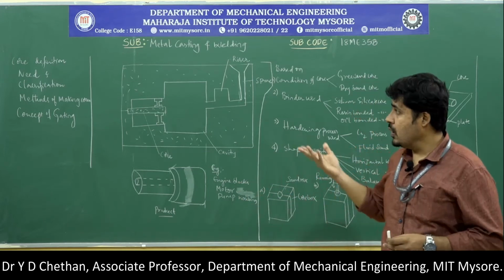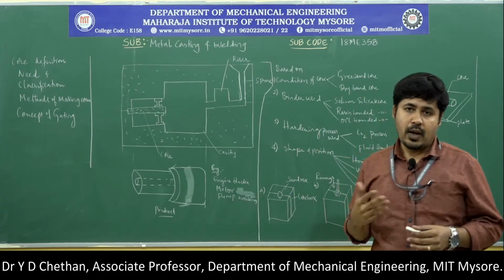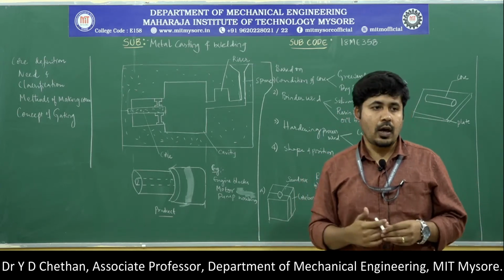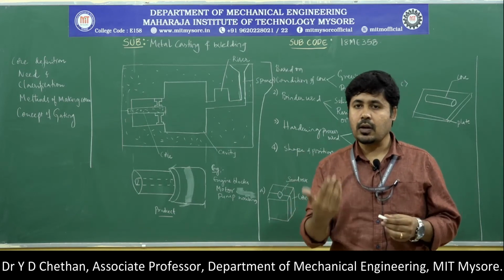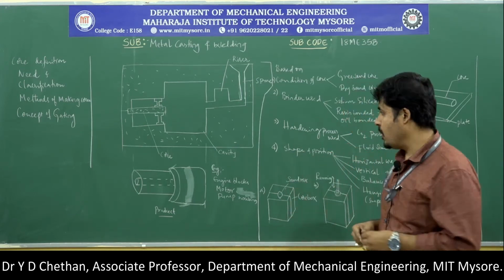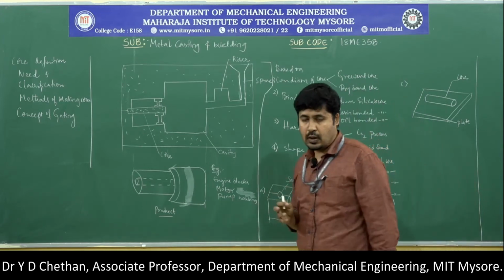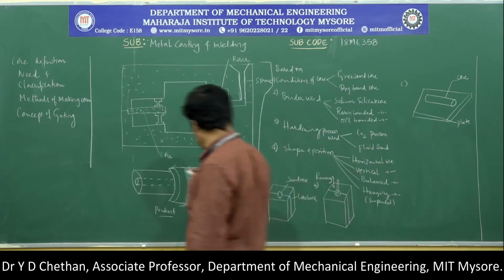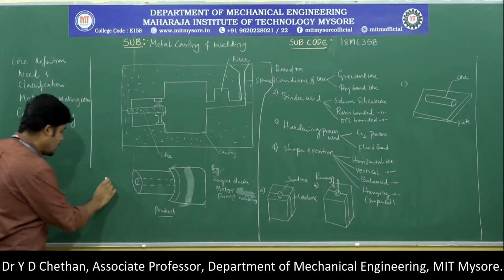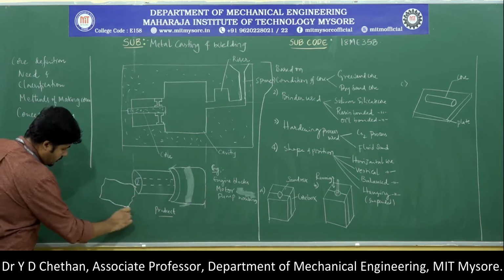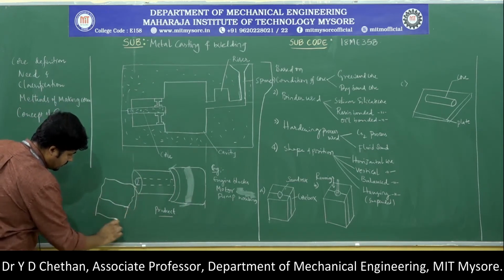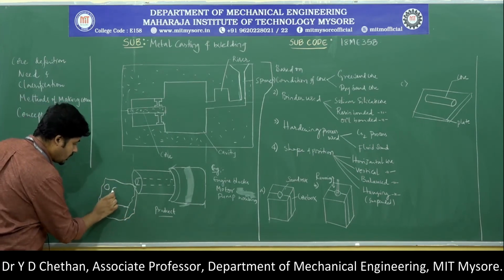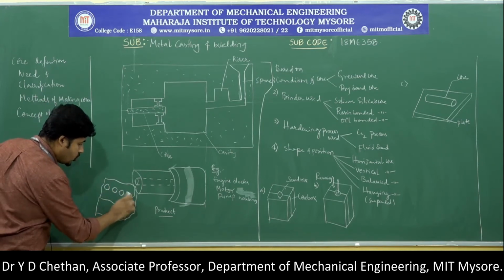So what is the need for this core? If you want to manufacture a product with a hollow shape, then you are not supposed to use a machining process to get a particular hollow cavity. Say for example, we consider an engine block of a 4-cylinder car engine. Here the engine block has a shape like this. We want 4 cylinders in a huge block.